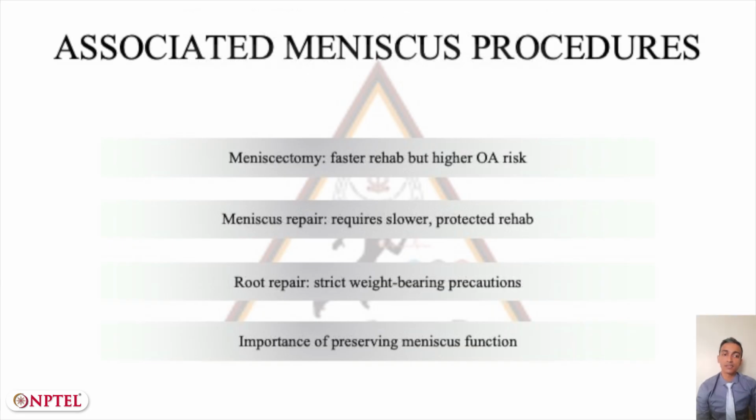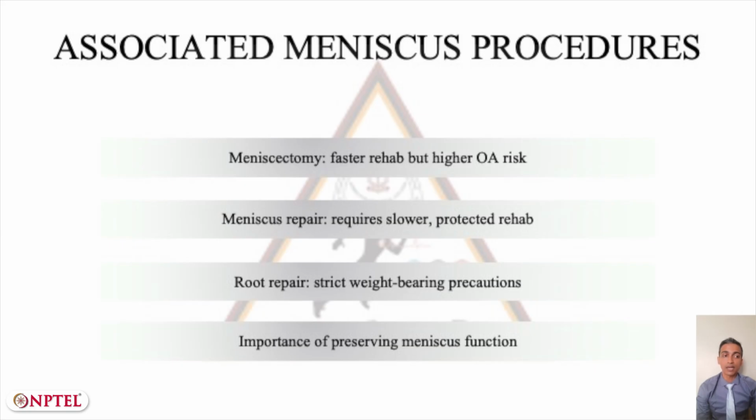When the meniscus is repaired, the timeline for rehab slows down. Weight bearing and knee flexion are restricted initially to protect the repair. In contrast, a partial meniscectomy allows faster progression but carries long term osteoarthritis risk.